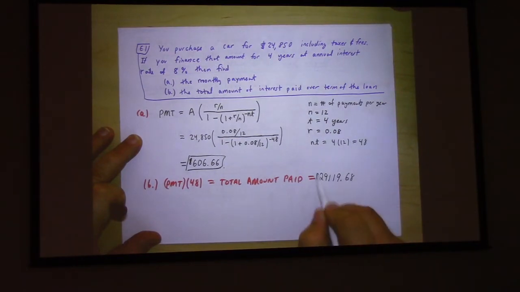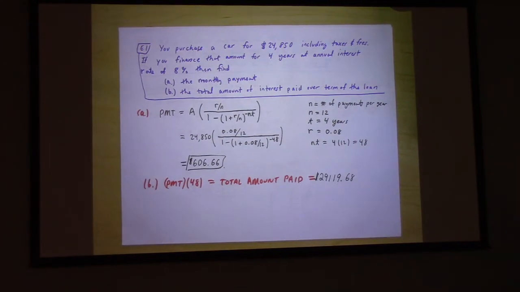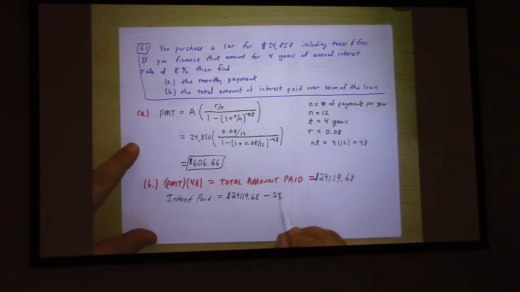So if you paid that much, how much interest did you pay? Well, we have to subtract. The interest paid will be that total cost, 29,119.68, minus the purchase cost, 24,850.